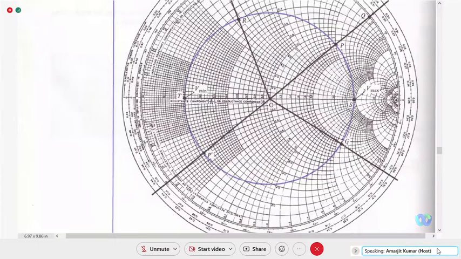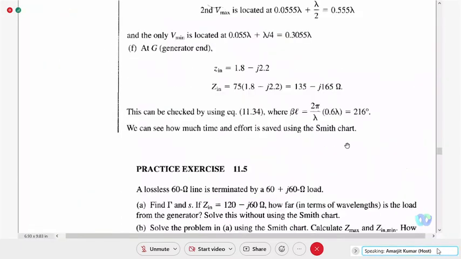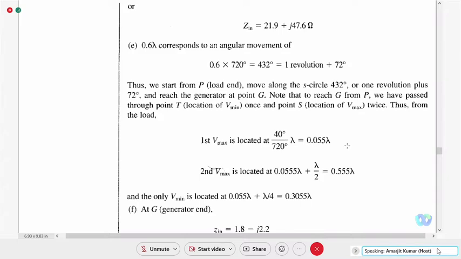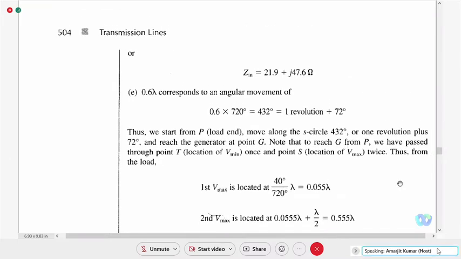So what will be the standing wave ratio? How is this Vmax calculated? We are at point G, and we have passed 360 degrees because it is 360 plus 72. So we have passed through point T once and point S twice.